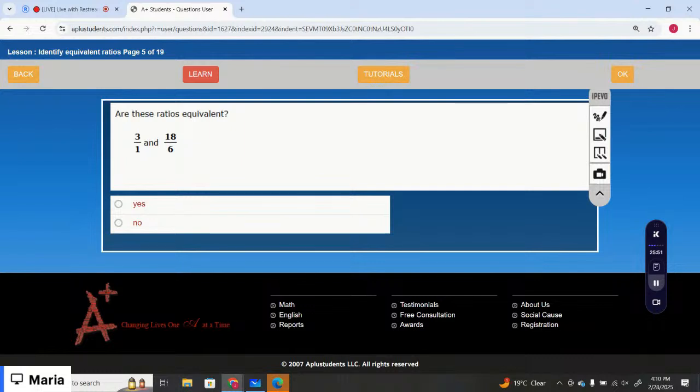Are these ratios equivalent? Yes, they are equivalent. Option number 1 is the correct option.